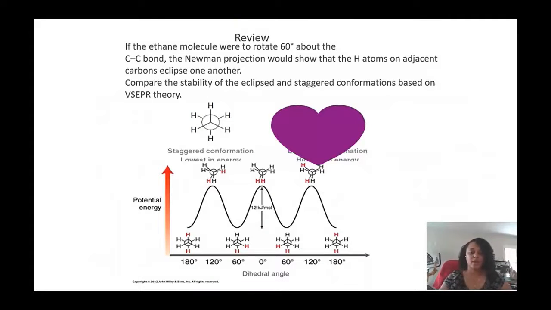Alright, now that we've looked at Newman projections in general, let's look at the consequence of the Newman projection and the torsional strain that's happening on the molecule. But for simplicity, let's look at ethane first. We will look at more substituted molecules and draw examples in class.